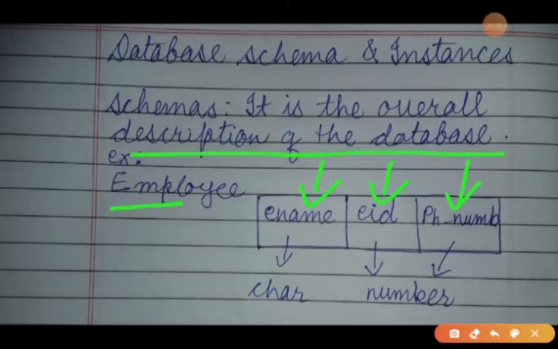The description of employee is that it has three columns or three fields, and each of these fields has a different data type. For employee name, the data type may be character, and for employee ID and the phone number of the employee, it may be a number data type.